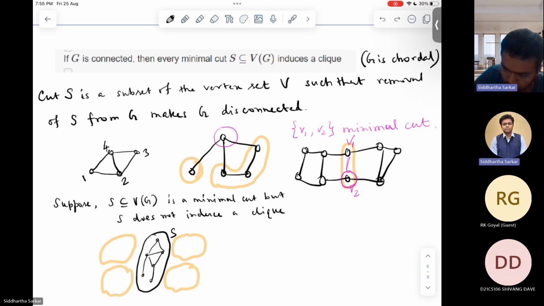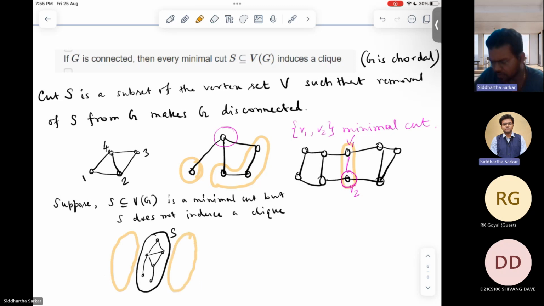For the sake of ease, let us say that removal of this set of vertices S leads to only two connected components. That is how the graph is disconnected. Let us say C1 and C2. Now we will use the fact that S is a minimal cut.